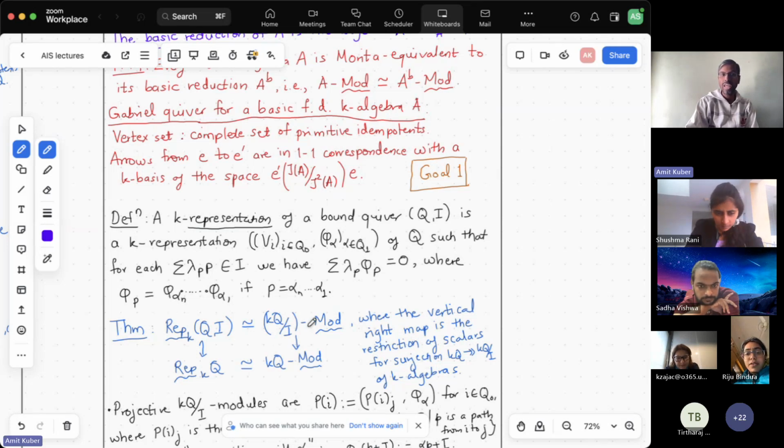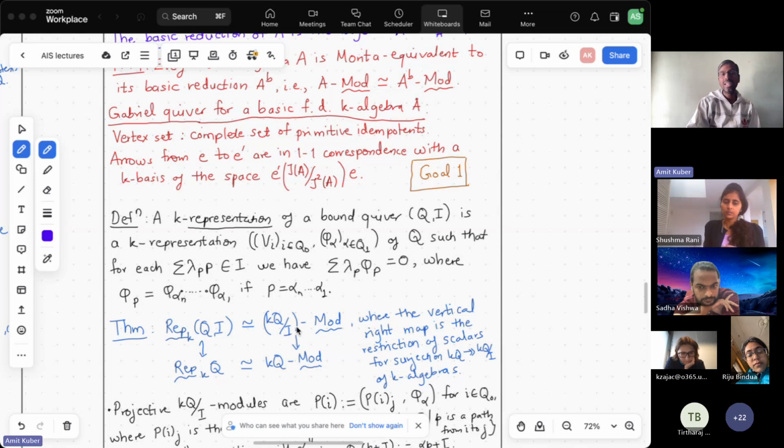So therefore, KQ mod I, the bound quiver algebra modules, will give you some quiver algebra modules. On both these sides, you actually have this restriction. And this equivalence that we already had in the bottom row restricts to an equivalence between these two new categories.